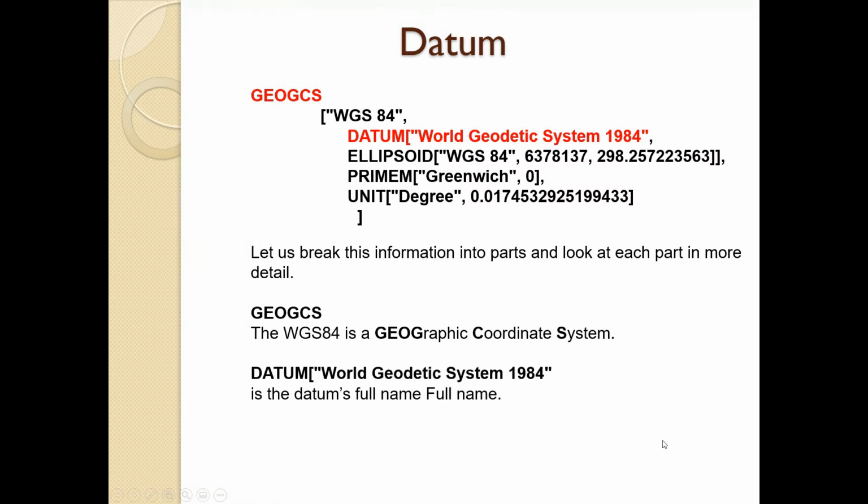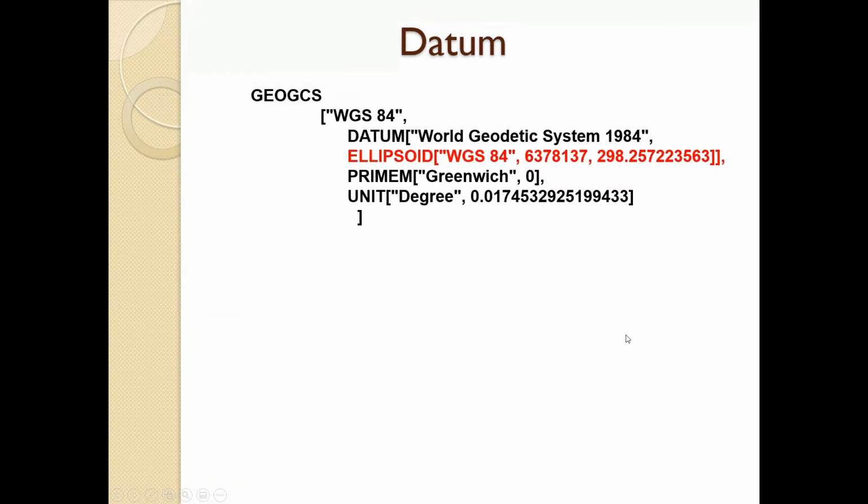And the datum is the full name, the World Geodetic System of 1984, the so-called WGS 84. The model being used for this particular reference system is an ellipsoid, and it gives you some numbers in here.